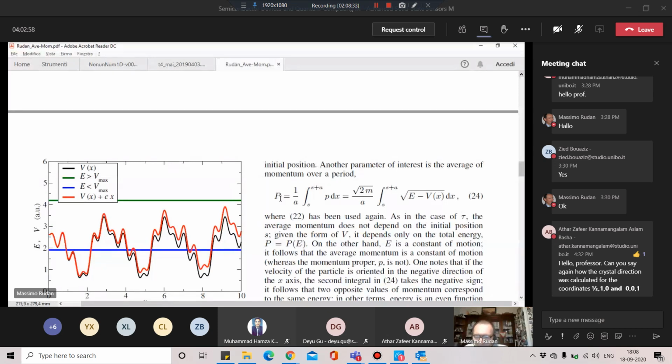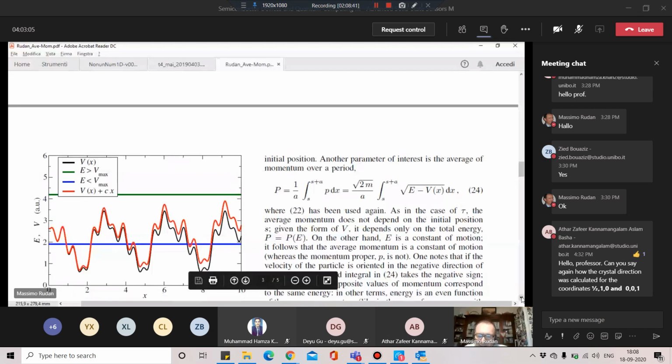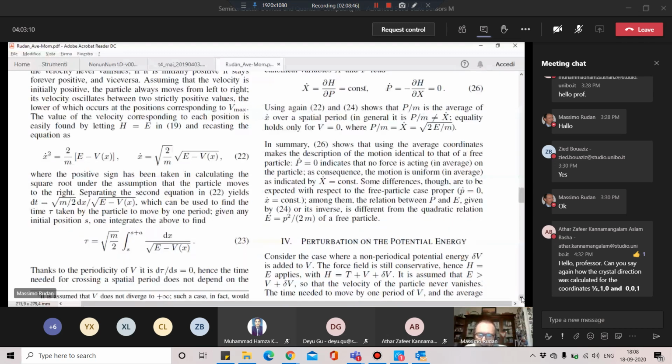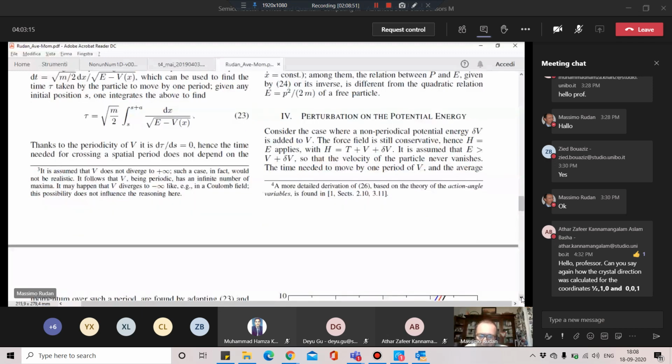What are the limits of this analysis? There is essentially one limit, that this analysis is done using classical mechanics, okay? However, when we consider microscopic particles, we can use classical mechanics, but it is insufficient, okay? We must use quantum mechanics, okay?